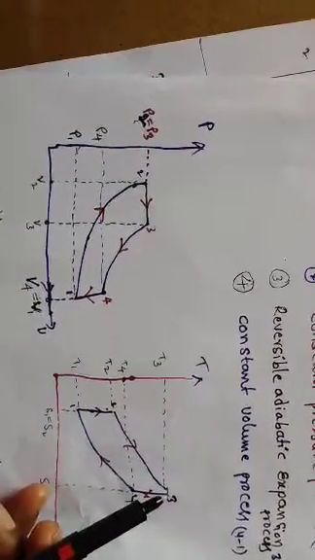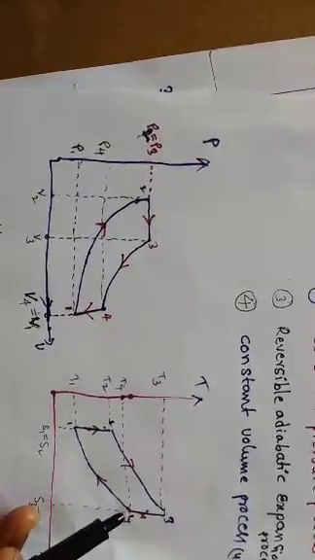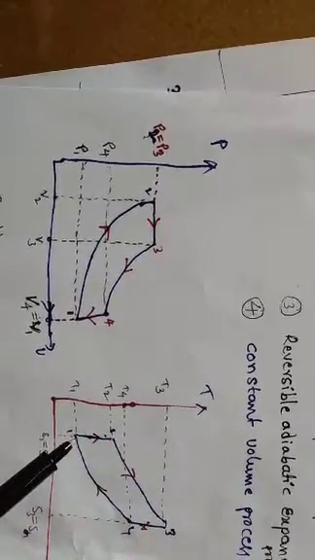From point 3 to 4 temperature is falling down, and from point 4 to 1 temperature is falling down.